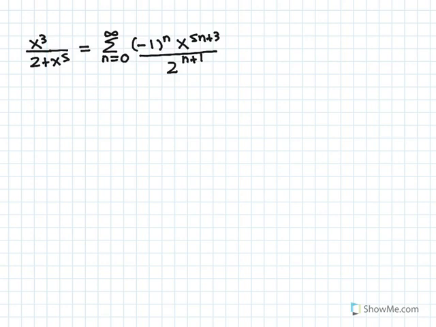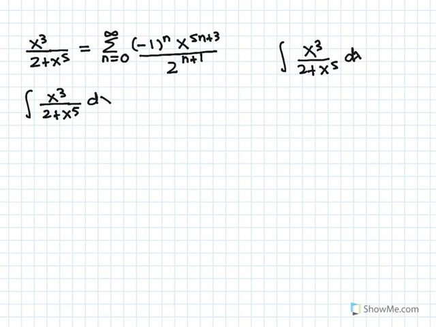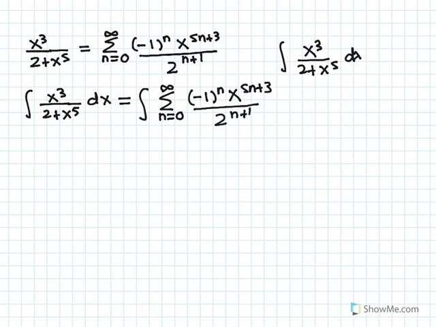Now let's integrate term by term to find the integral of x cubed divided by 2 plus x to the power of 5 dx. So the integral of x cubed divided by 2 plus x to the power of 5 dx is the integral of the power series. Integral of summation n equals 0 to infinity of minus 1 to the power of n x to the power of 5n plus 3 divided by 2 to the power of n plus 1.